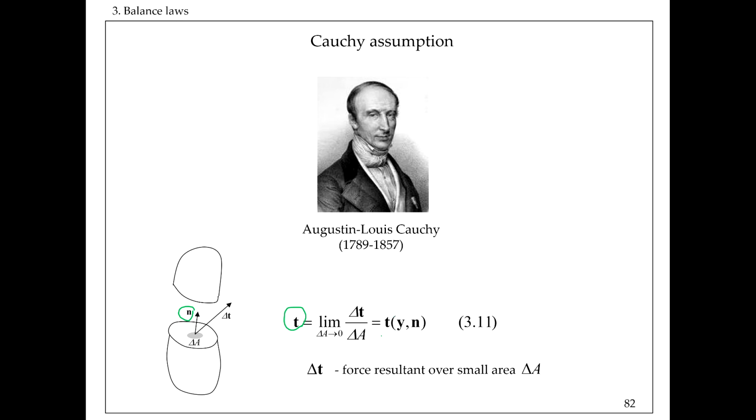And what we are saying here is that the Cauchy assumption is that this traction vector t depends, obviously, on the position, the point where we measure, but also on the cross section itself. So it depends on how we divided that potato, that body, at which angle, for example, we pass the cross section.